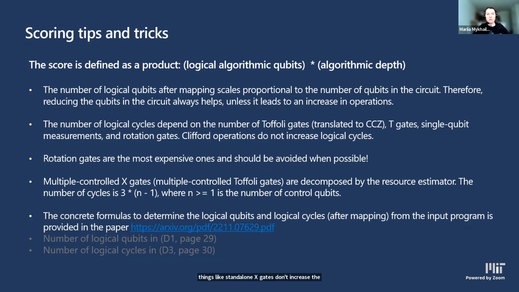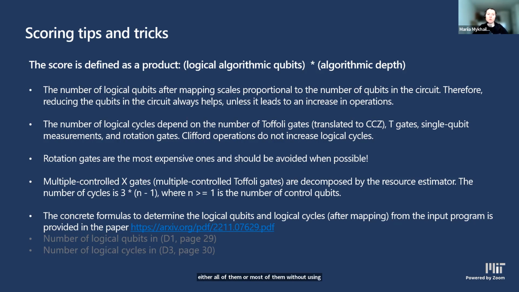So if you can throw in some additional X gates, they don't impact your algorithmic depth. And actually, T gates and rotation gates are the most expensive ones. But you probably won't need rotation gates, because all the tasks are oracles and you can do all or most of them without using rotation gates at all.